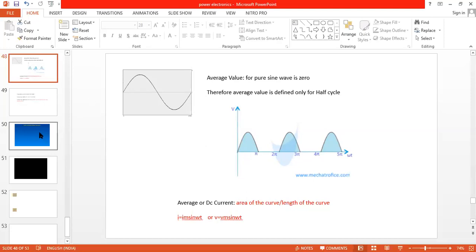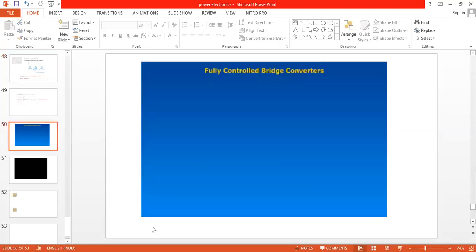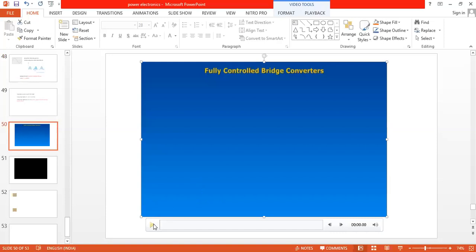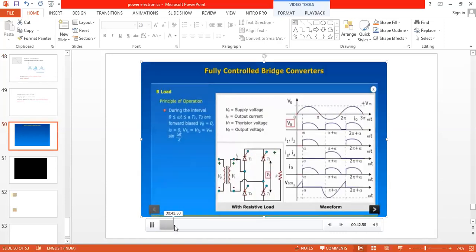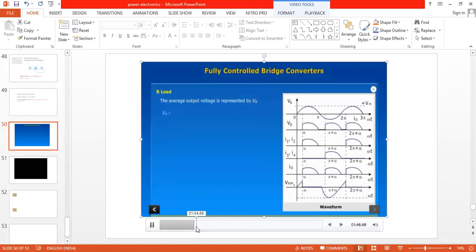So if you see this animation, the slides, in what way we can explain this derivation part of this particular topic. Average output voltage. So why are we getting this particular expression? You see the denominator is pi, that is the signal. You can check the signal. The output voltage is starting from alpha. For one positive cycle, it is reaching pi.